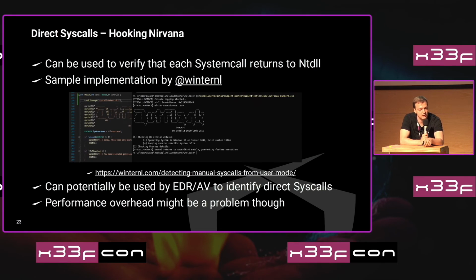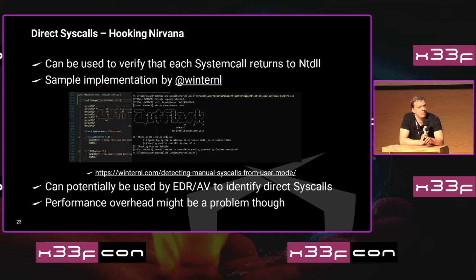This allows us to hook basically every single system call and perform some additional code before it transitions back to user mode. More importantly, it allows us to check where the system call is returning in user mode. If it's not returning to somewhere in NTDLL, then this is obviously an IOC.